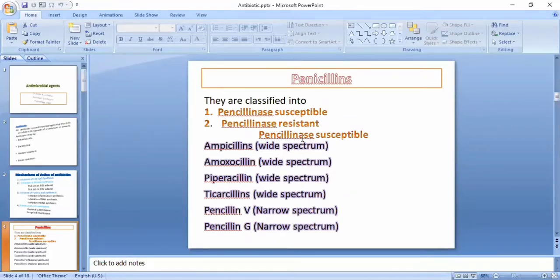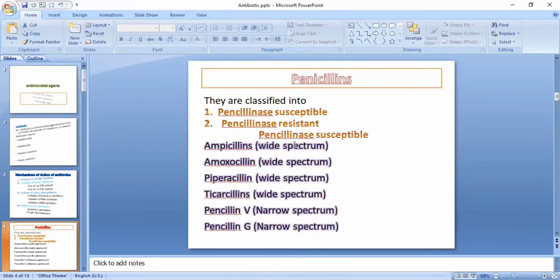Let us describe the penicillinase susceptible antibiotics, and these antibiotics are ampicillin, amoxicillin, piperacillin, penicillin V, penicillin G, and ticarcillin. So these are the penicillins which are beta-lactamase susceptible.